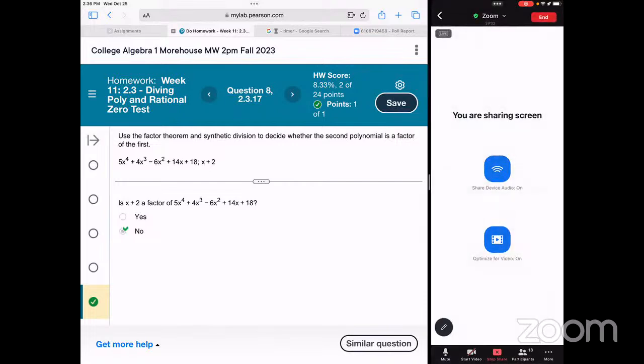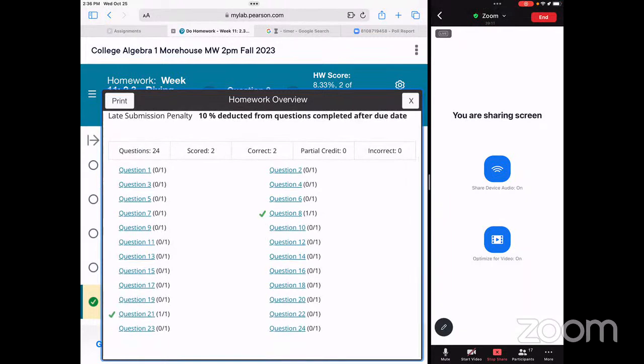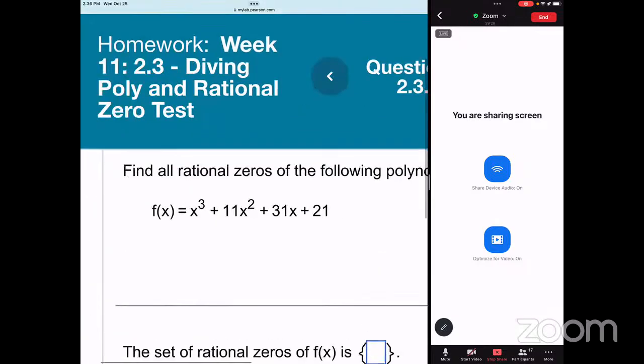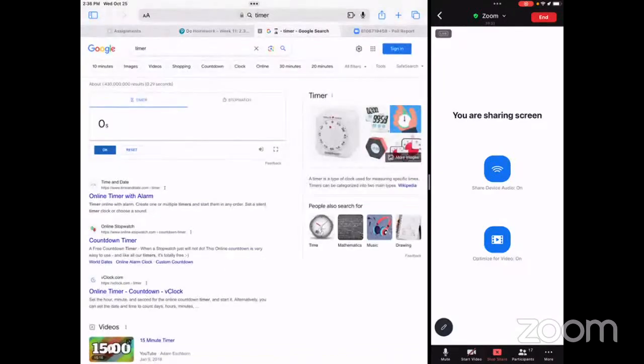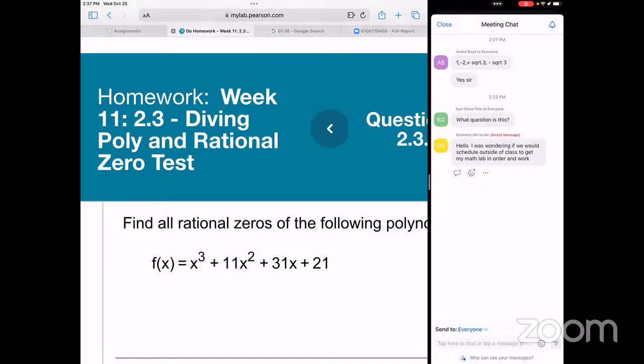Hey, Google, give me a random number between 1 and 24. 17. Okay, so these points are available in the chat. So the first one to get this correct in the chat, I'll put a couple of minutes on the clock, and we're working this example. Let me restart my timer, reset, start. So we'll take a couple of minutes there. So 1 minute, 30 seconds.